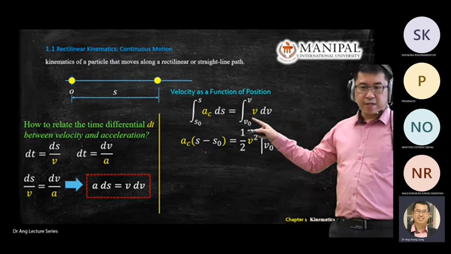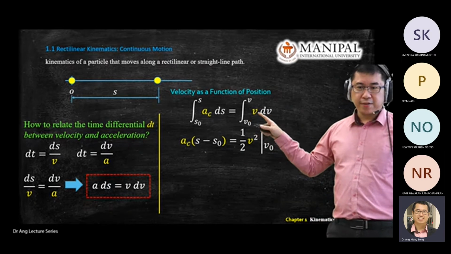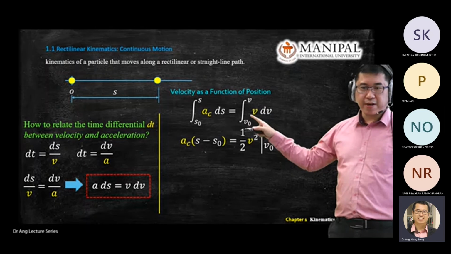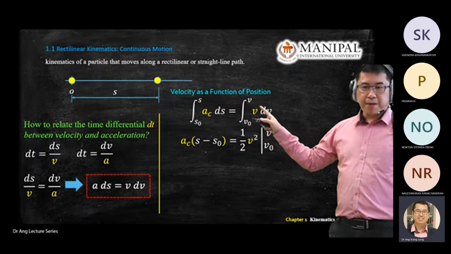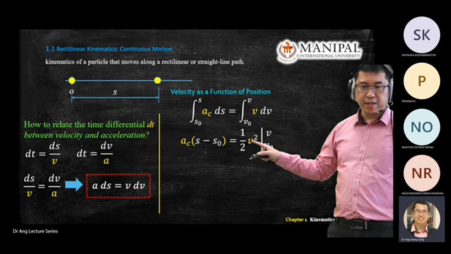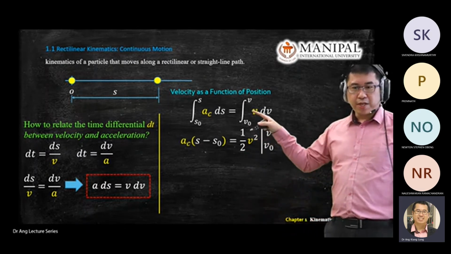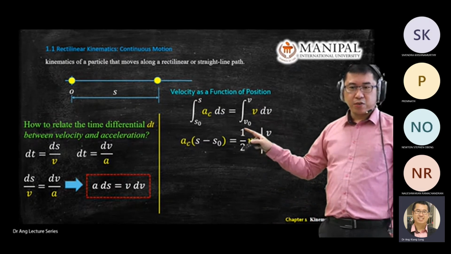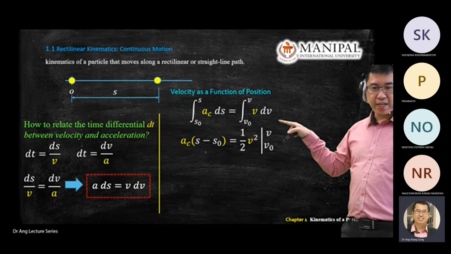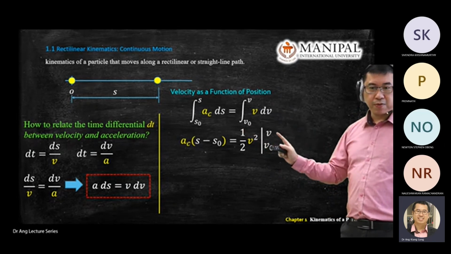This one is a normal integration. v dv you integrate: v power 1, 1 plus 1 you get 2, divided by the new exponent, you get half. So you integrate from v0 to v. Again, if you're weak in integration, go back to your mathematics textbook.